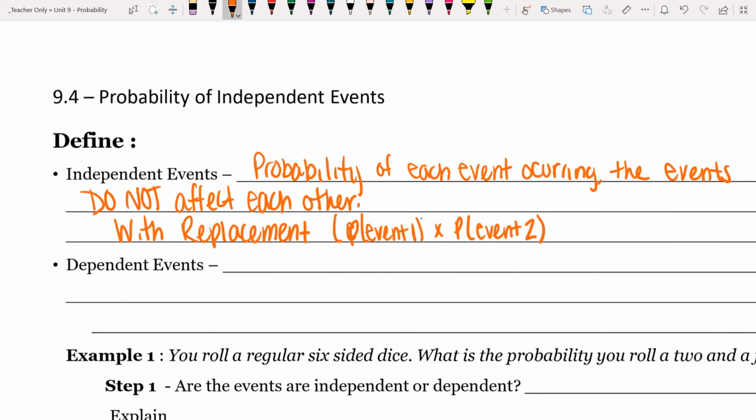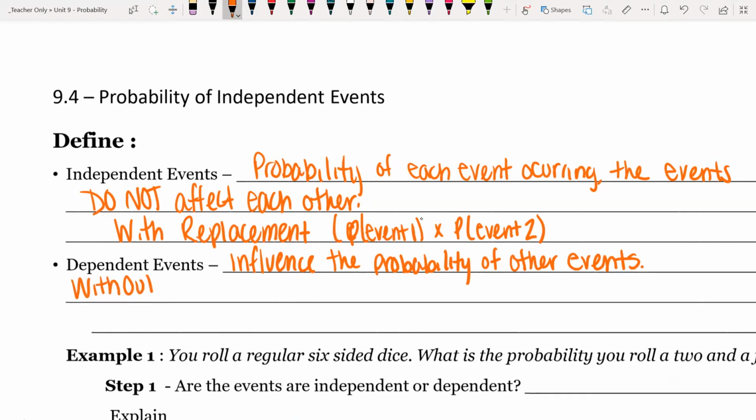Whereas dependent events influence the probability of other events. That would be commonly said without replacement.